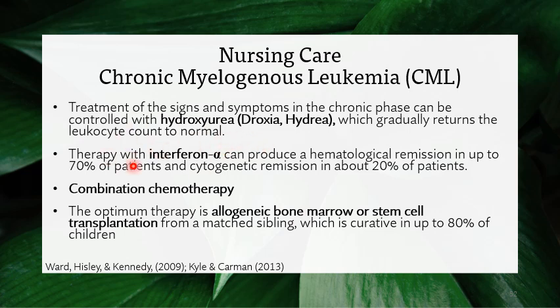We can also do interferon alpha therapy, where remission occurs in 70% of patients, and there will also be cytogenetic remission in 20% of patients. We can also do combination therapy with combinations of chemotherapies, just like the other conditions. And we also do bone marrow transplant, allogeneic bone marrow transplant or stem cell transplantation from siblings or basically from a donor.